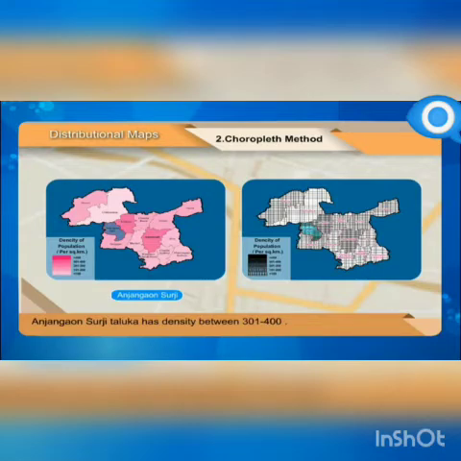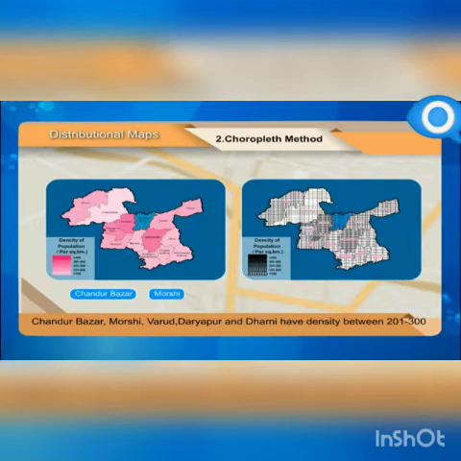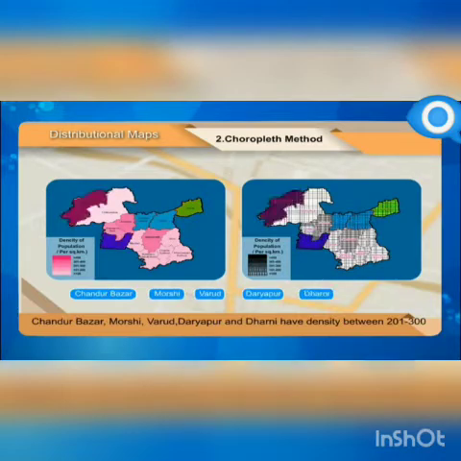Anjangaon and Surji Taluka have density 300 to 400. That's why they are less dark. Chandurbazar, Morshi, Varud, Daryapur, Dharni have less density, 200 to 300.